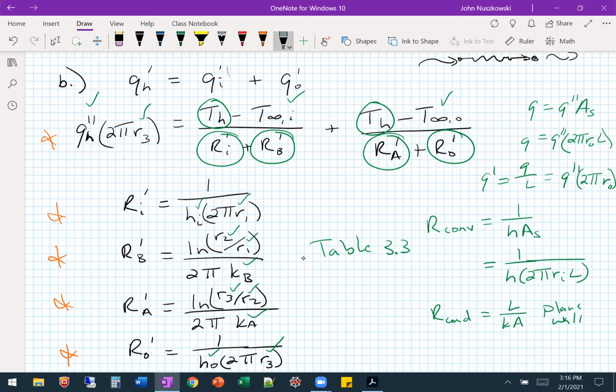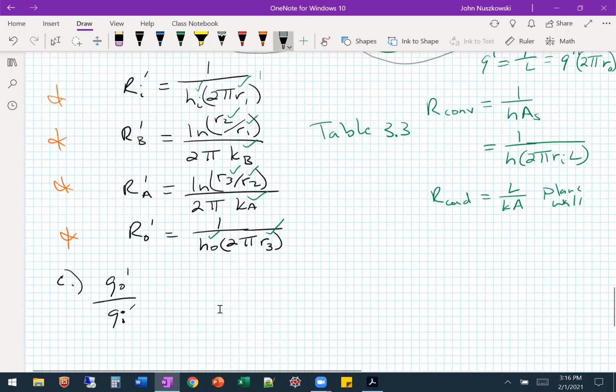So we have this is inner, this is outer, and we just put those together.